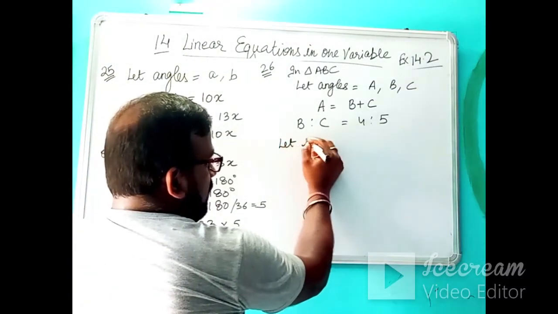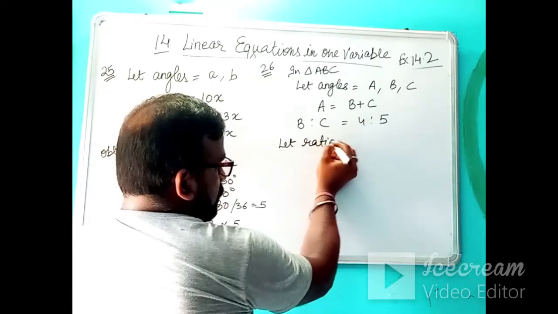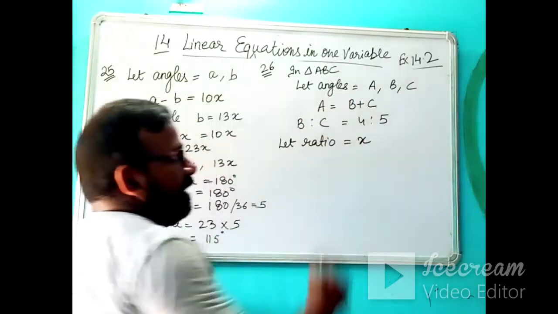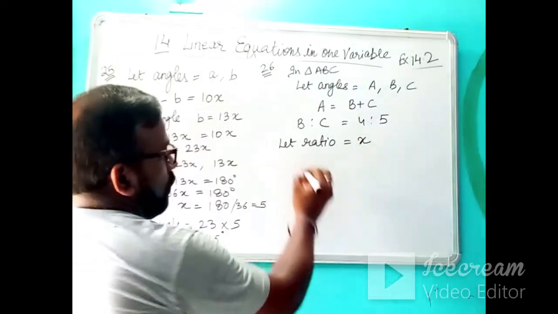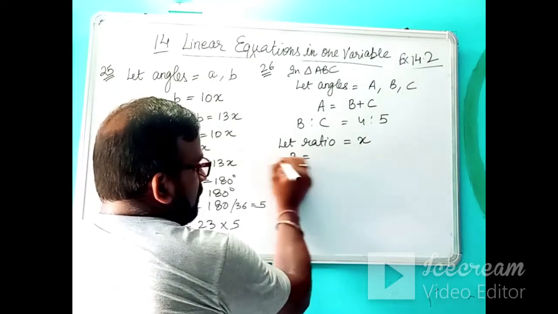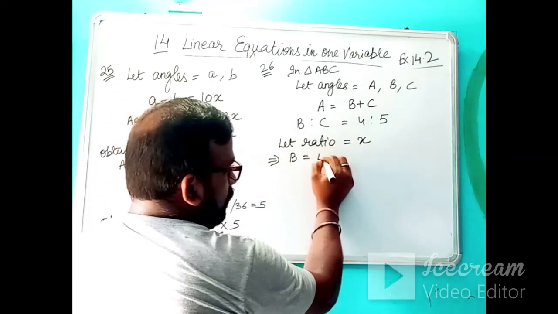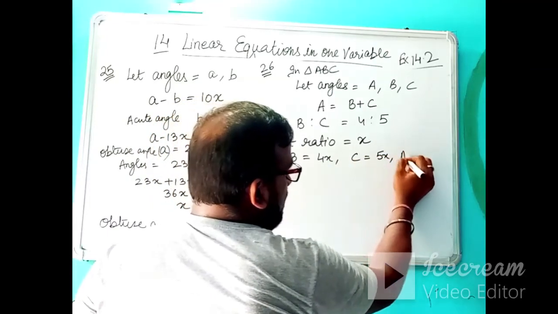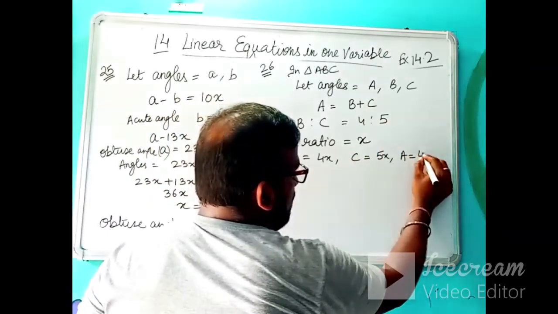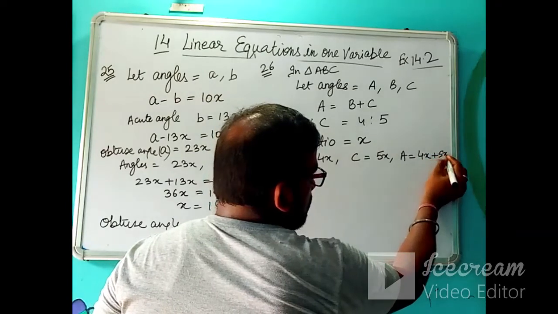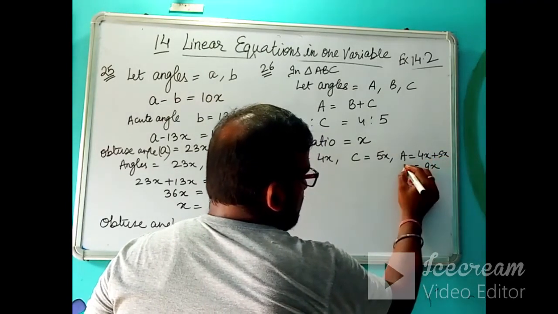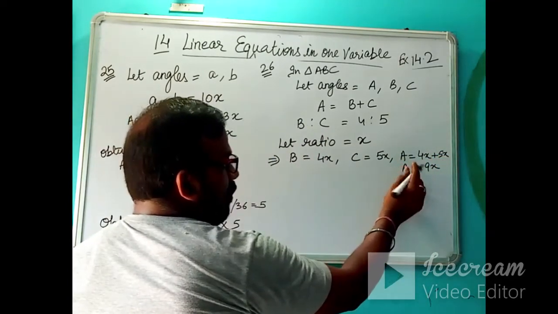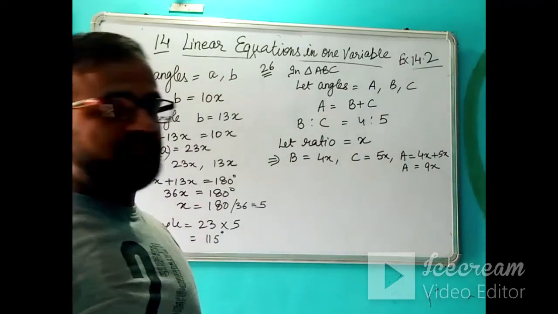I will assume the ratio equal to x. So B will be 4x. C will be 5x. And A is how much? B plus C, that is 9x. So now I have all three angles in terms of x.